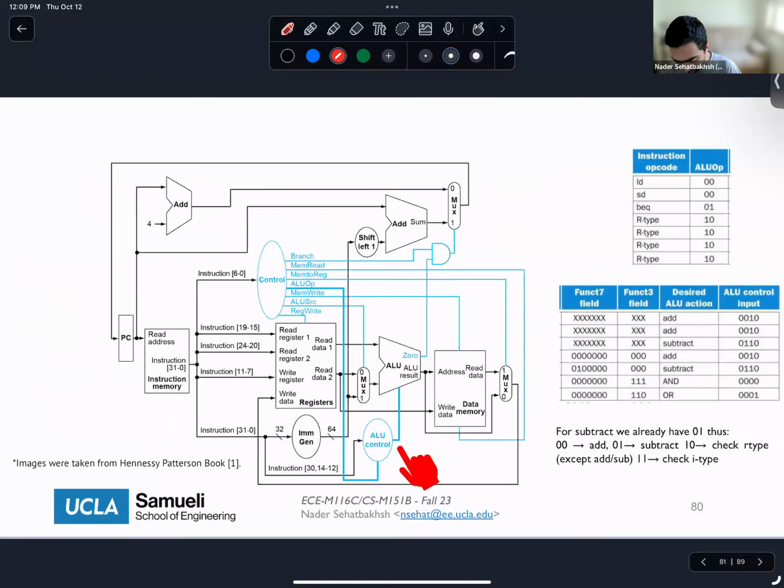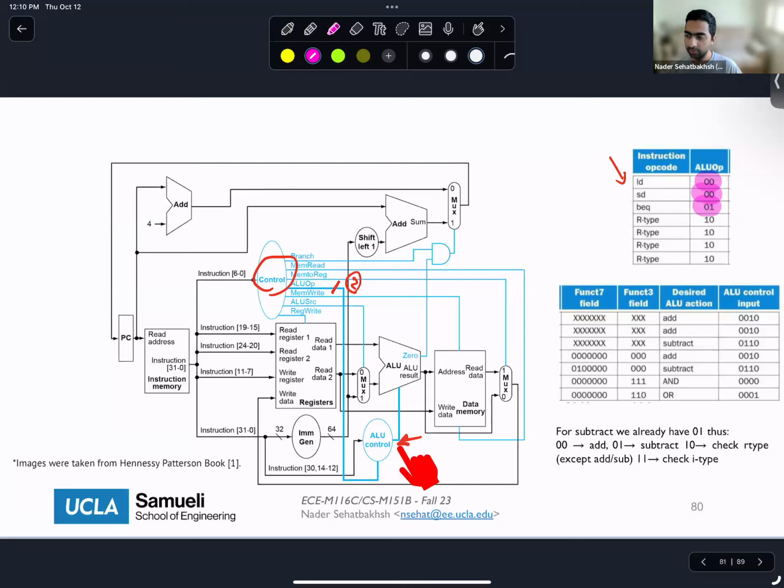What we are typically doing is that the controller only uses 2 bits, and then there is another step called ALU control that generates these 4 bits for us. So what are we doing exactly? If you look at this table, we're going to use this trick: 0, 0 and 0, 1 for add and for subtract.